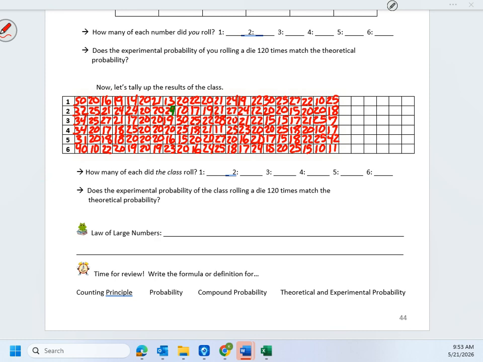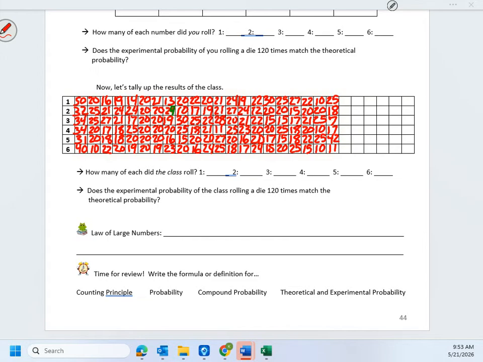For our fives, we have 31, 20, 18, 18, 20, 20, 20, 16, 15, 20, 20, 27, 20, 16, 20, 17, 15, 18, 22, 25, 42.